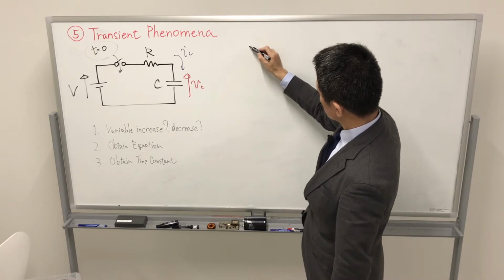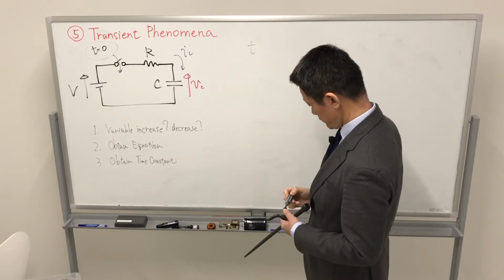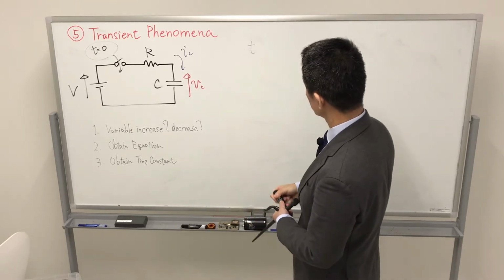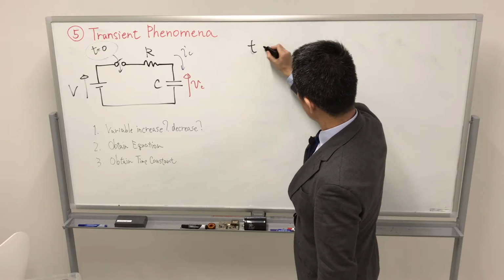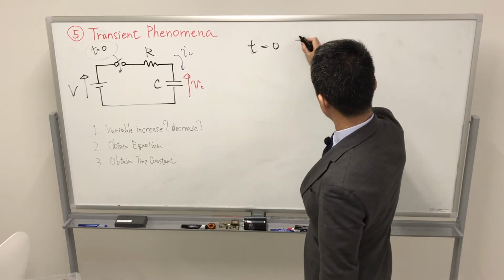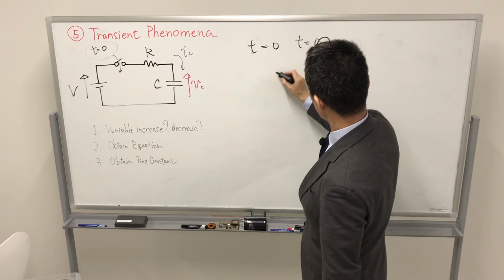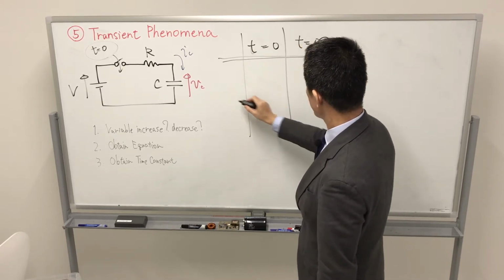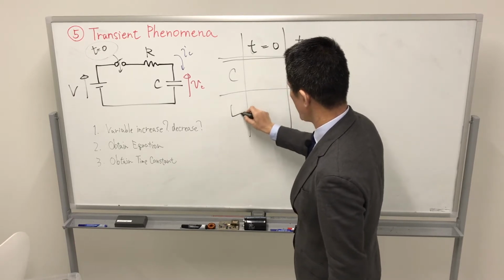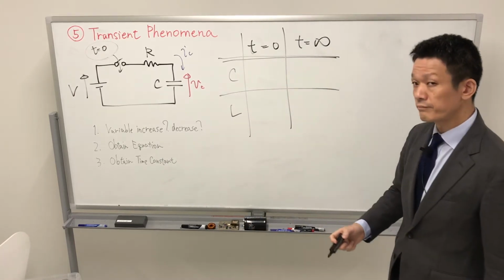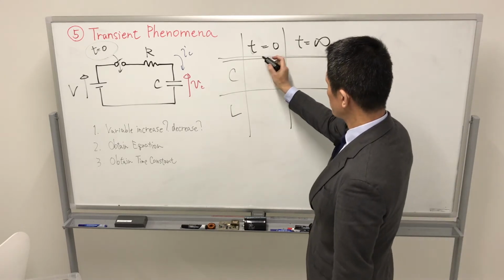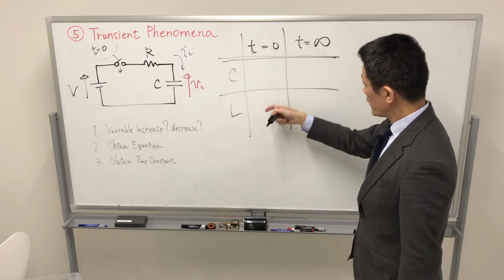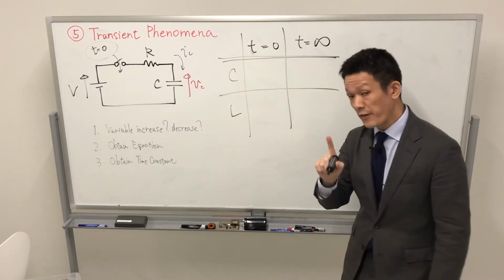We will draw the table. T equals 0 or T equals infinity, and we can draw the C or L, inductor or capacitor. In the case of T equals 0, please fill this table.